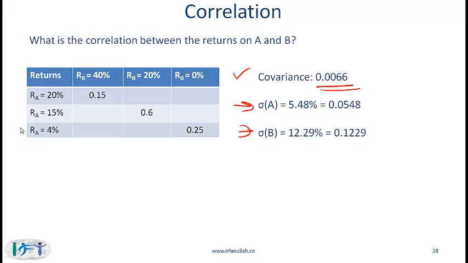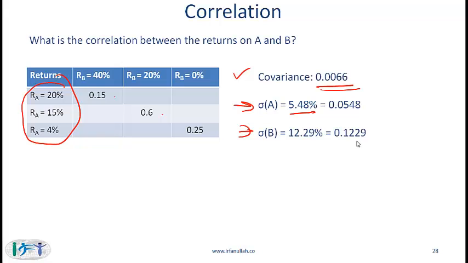You can use the calculator method or the longer formula, but essentially when you compute the standard deviation of these returns given the three different probabilities, you should get 5.48% or 0.0548. The standard deviation of B is 0.1229.